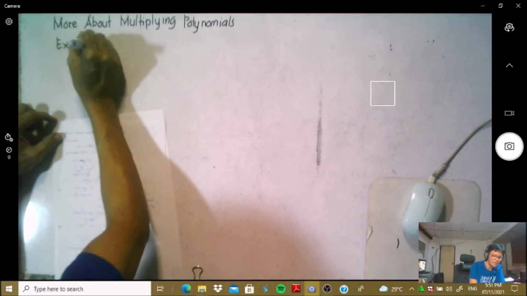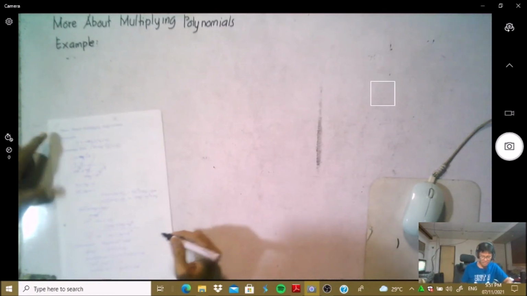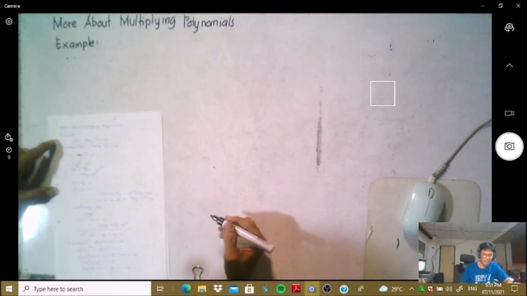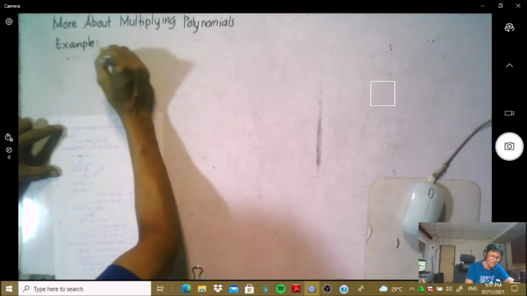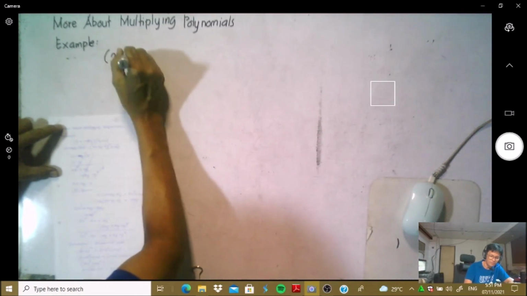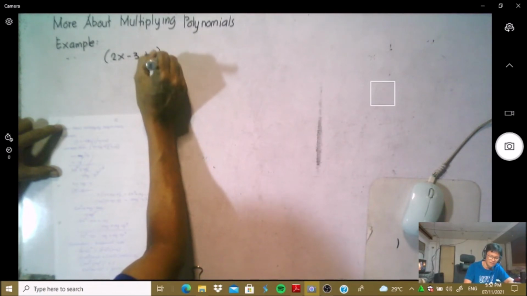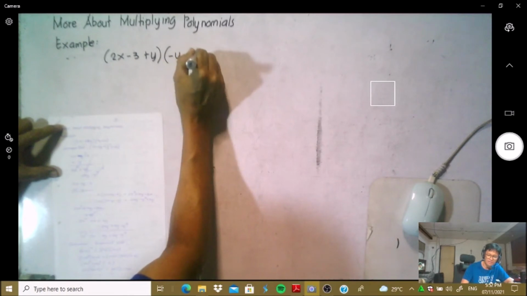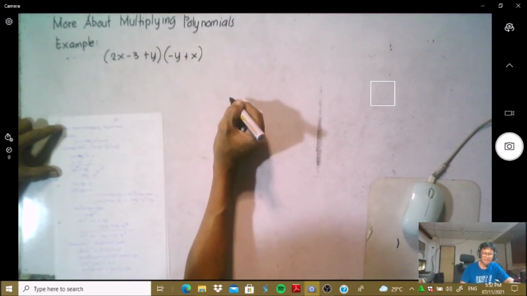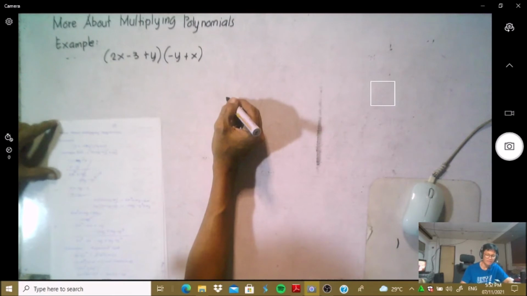Here, we will be arranging the terms in the parentheses which are not arranged yet. We have 2x minus 3 plus y multiplied by negative y plus x. We see that both are not yet arranged, so let us arrange them first.